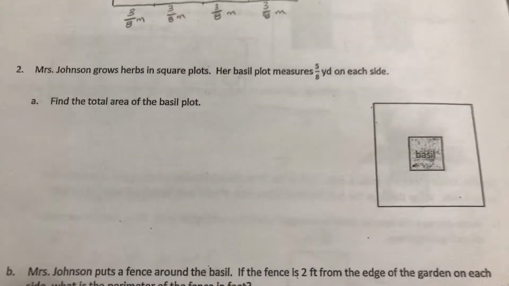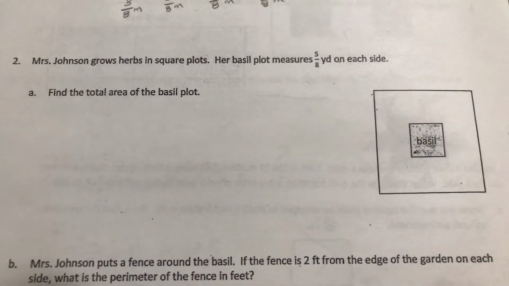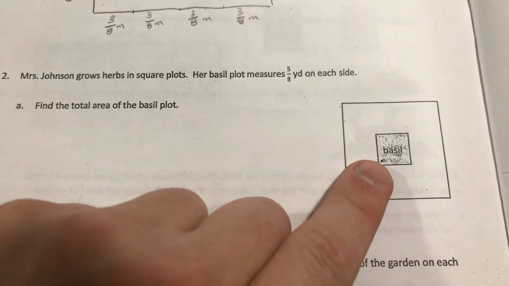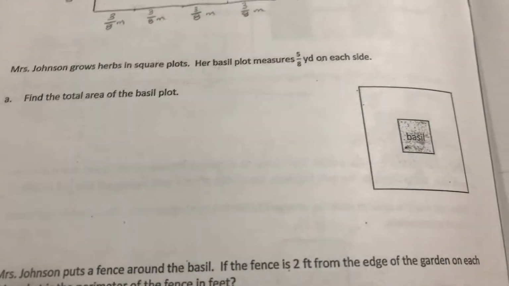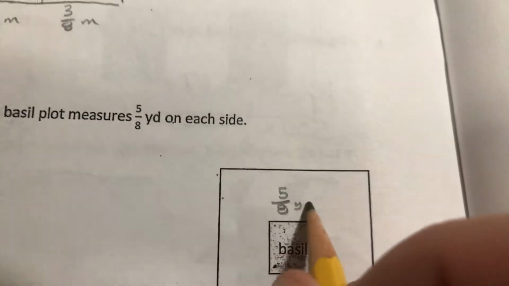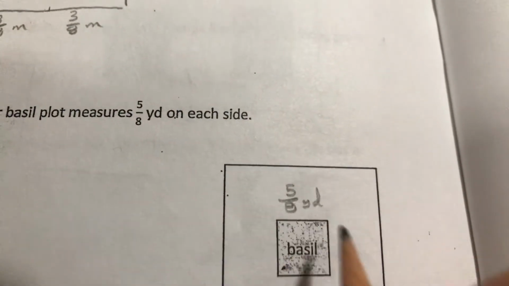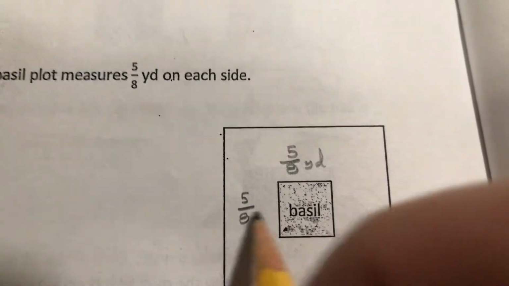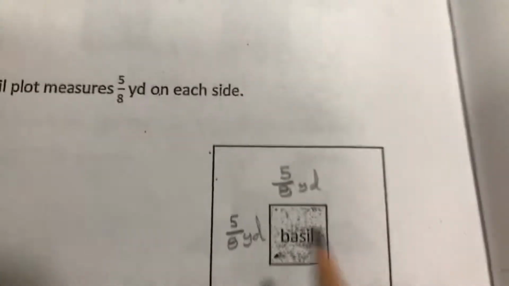Number 2, Mrs. Johnson grows herbs in square plots. Her basil plot measures 5/8 yards on each side. So we have a basil plot here, 5/8 of a yard on each side. Because we're dealing with area here, I'm just going to label 2 side lengths.